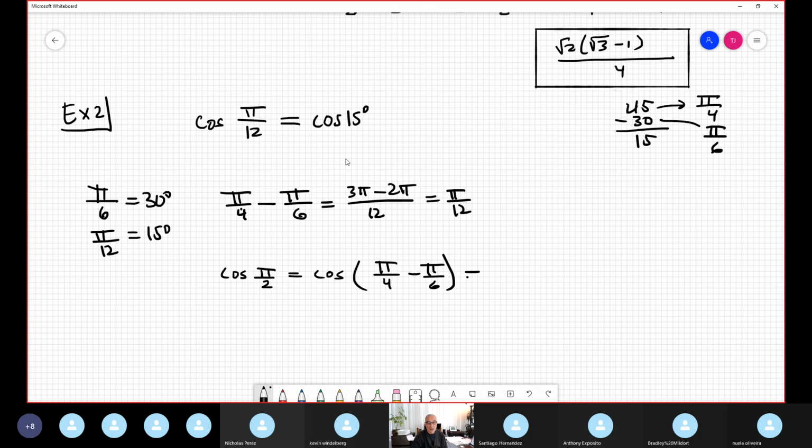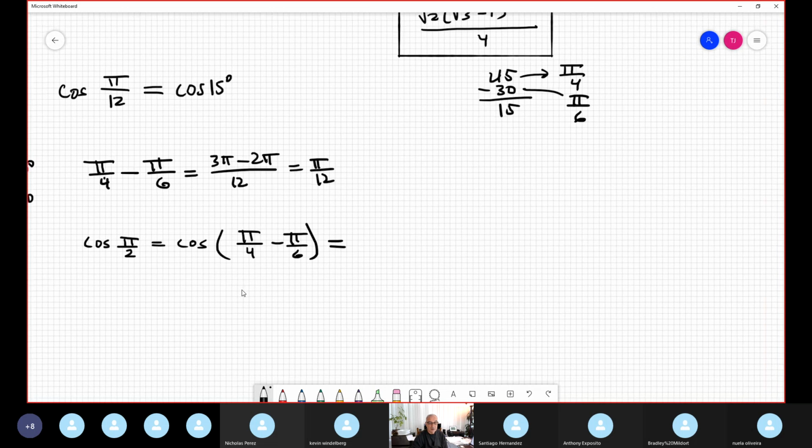According to the formula, it is cosine pi over 4 times cosine pi over 6, plus, completely opposite, sine pi over 4 times sine pi over 6.